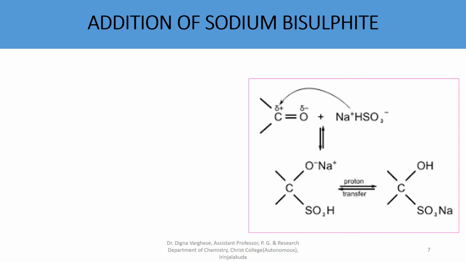Here you can see the addition of sodium bisulfite, or sodium hydrogen sulfite. Here you can see Na plus HSO3 minus, where the HSO3 minus attacks the carbonyl part, forming an alkoxide intermediate, that is SO3H here and O minus Na plus.